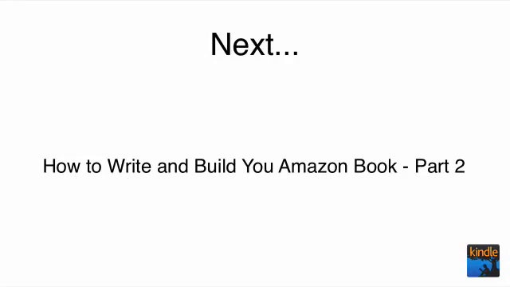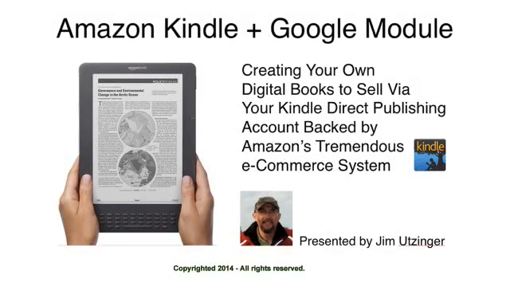We've covered how to create your Kindle book in Microsoft Word, and now in the next video I'm going to walk you through how to create the Mobi format by using the free open source software called Calibre. So we'll look forward to seeing you in the next video.